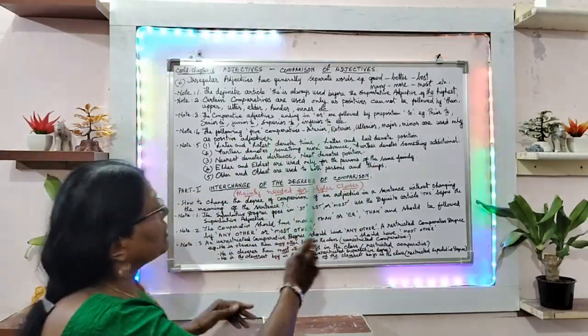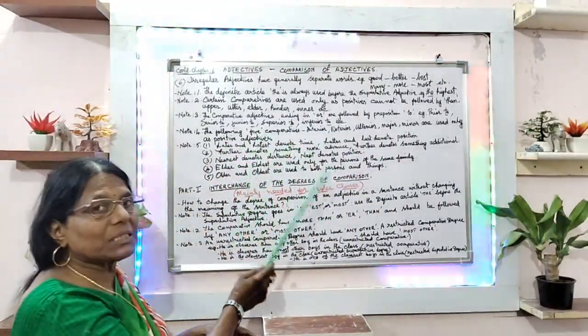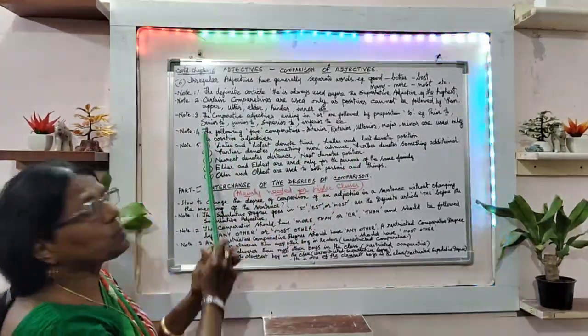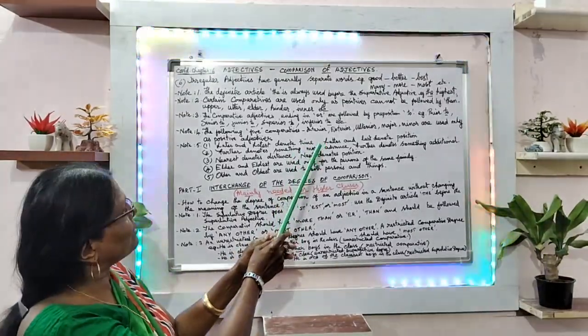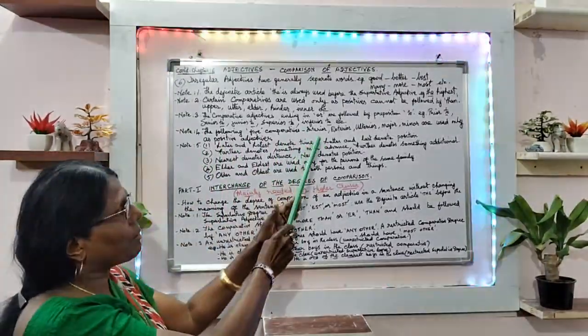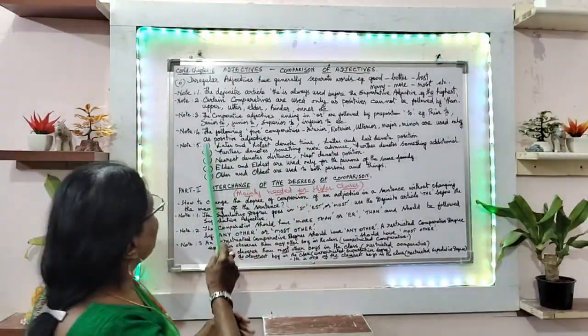These are comparative adjectives, but they are always used only as positive adjectives. It looks like a comparative adjective, and it is a comparative adjective, but it is used only as a positive adjective.